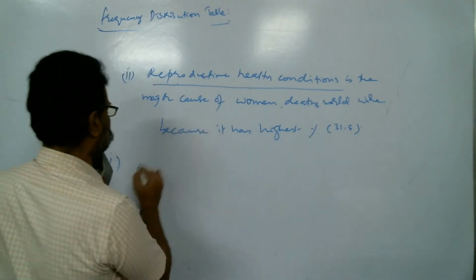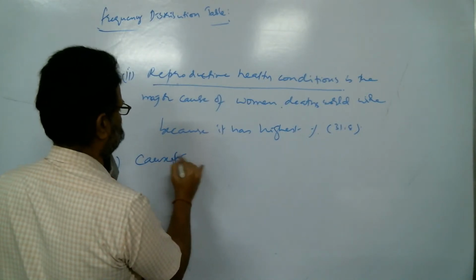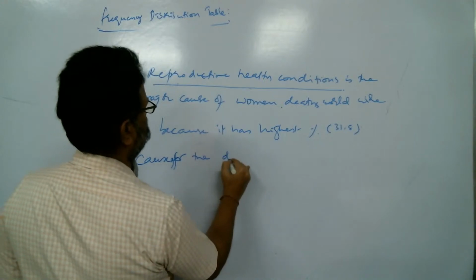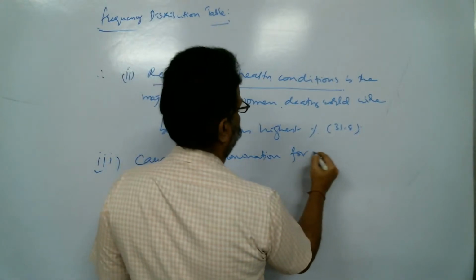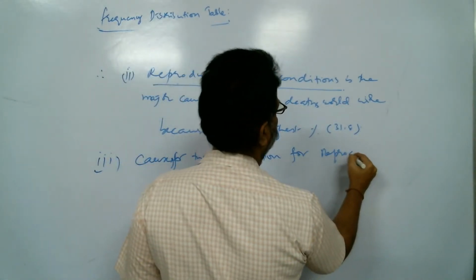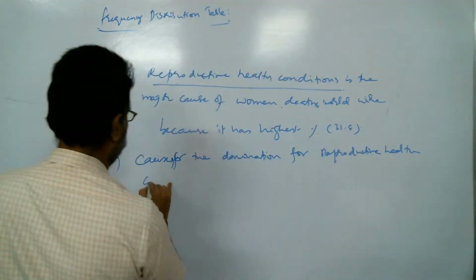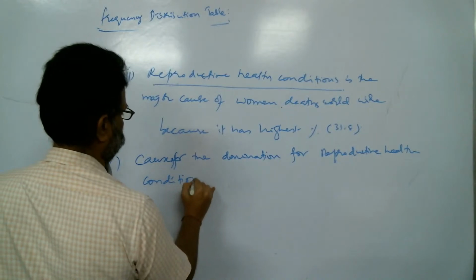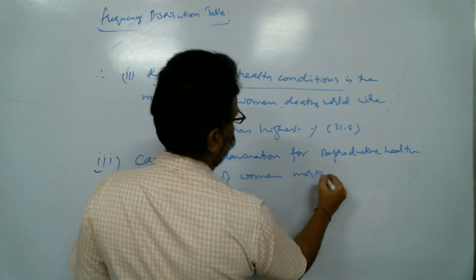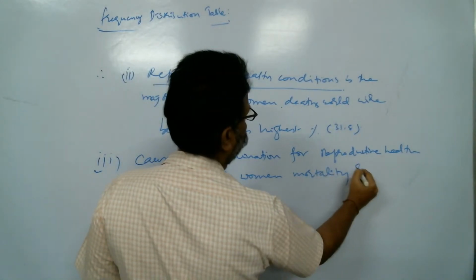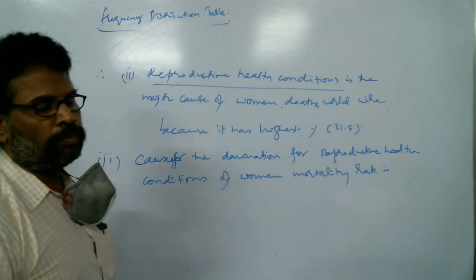So what are the major causes for the domination of reproductive health conditions of women mortality? Mortality means death rate.